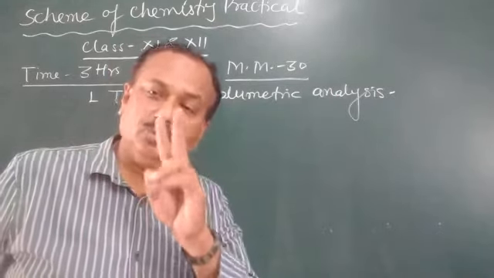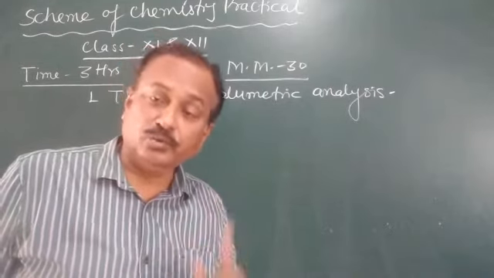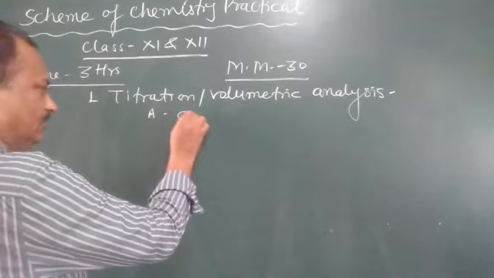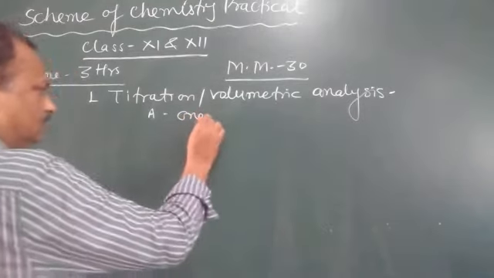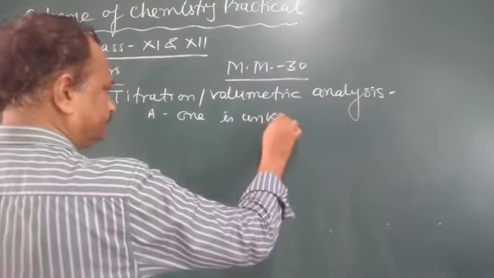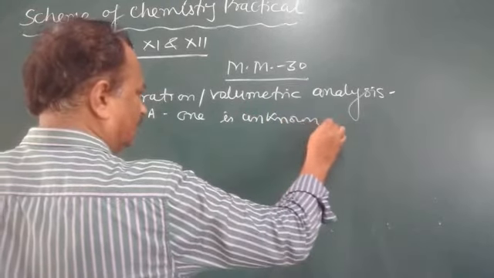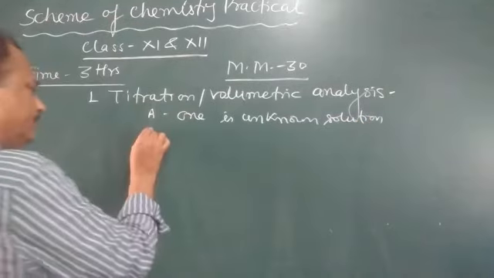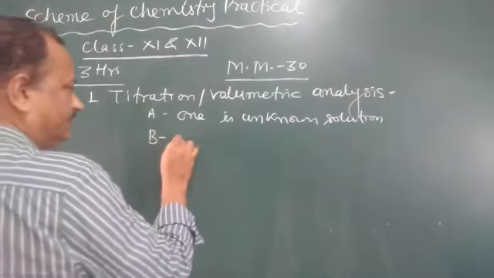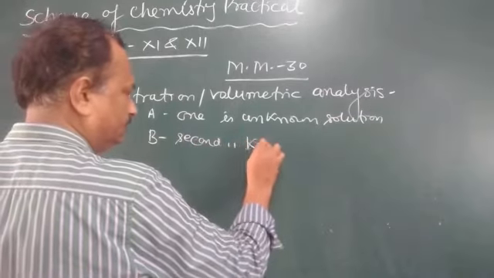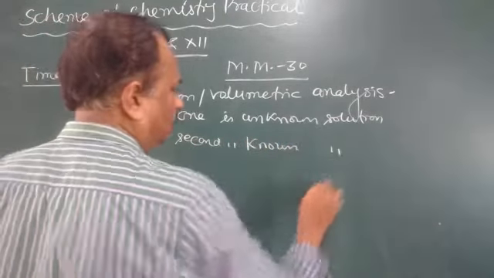So in this there are 2 solutions taken. One is a known solution, the other is unknown. So here one is unknown solution, and the second is known solution.